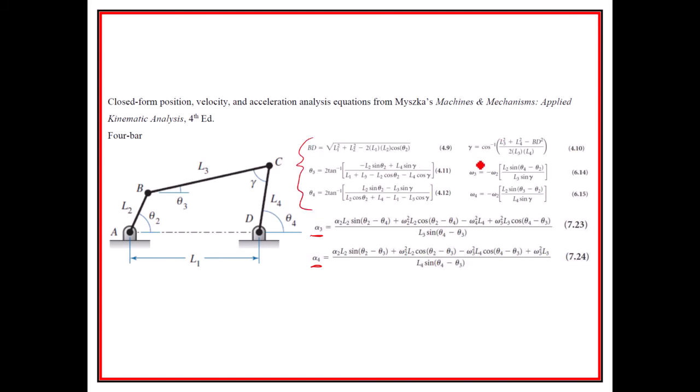Here's velocity analysis right here. And then we could do an acceleration analysis. So he does a closed form, and you should get the same thing. You got to be careful, of course, when you're doing the position analysis that you don't end up with the crossed configuration. So if you just simply plug and chug into this, you have the potential to do that.